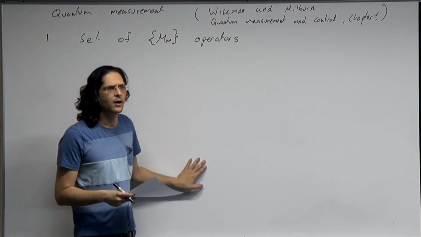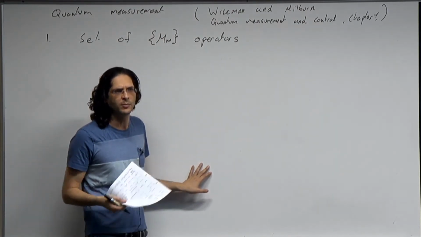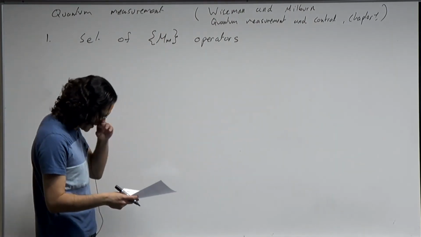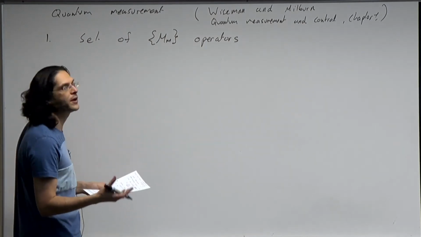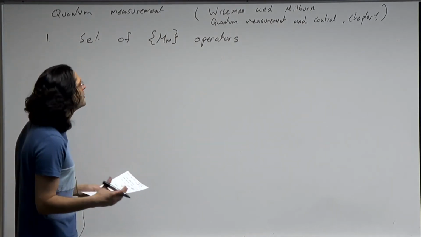Okay, and then I'll also introduce what POVMs are, which some of you may not have seen, some of you may. Okay, and explain where they come into the context and why they're important.